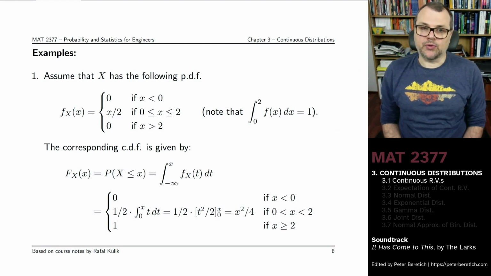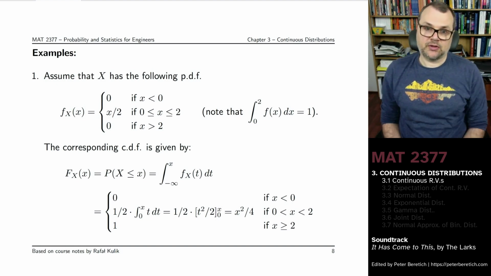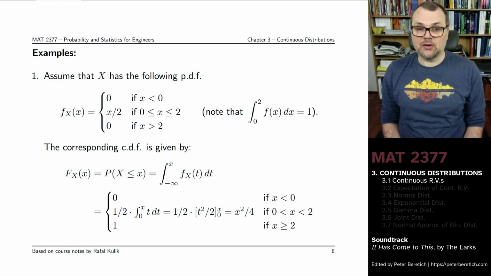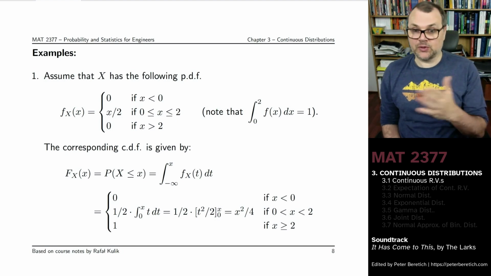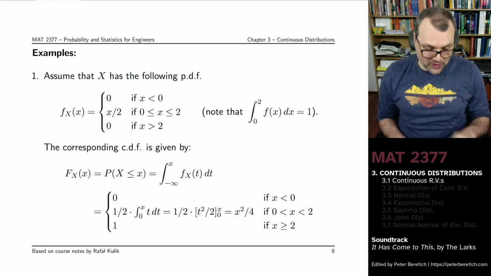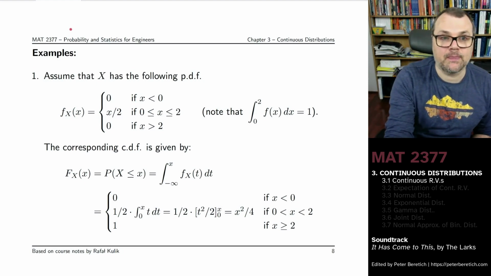If we want to compute the cumulative distribution function that corresponds to this function, we need to compute the probability that x will be smaller than or equal to x for all possible x's, x's varying from minus infinity to positive infinity. Now, let's go back and take a quick look at the PDF again.